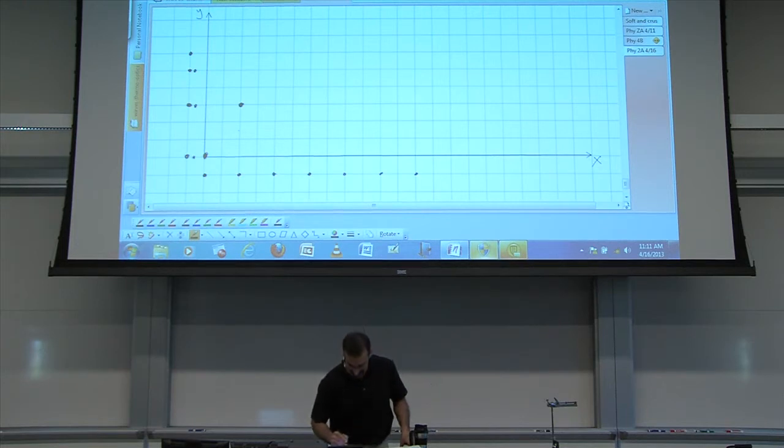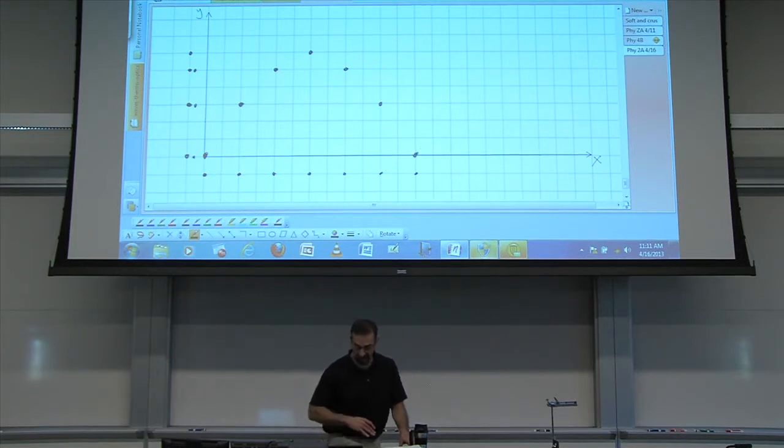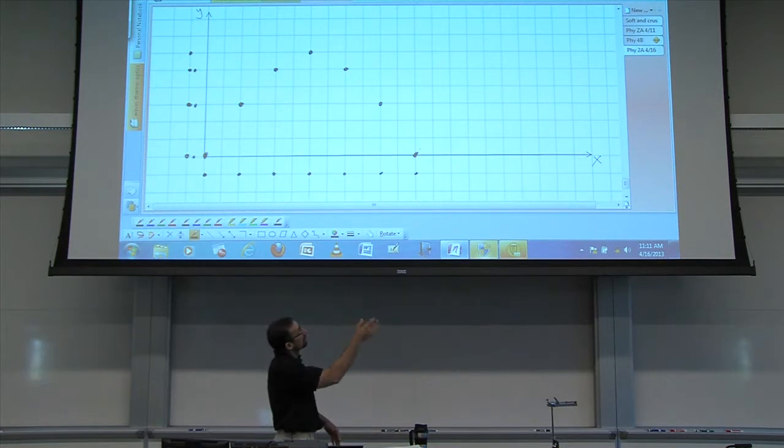And 1 second after that, it might be here. And 1 second after that, it might be up here. 1 second later, it's going to be over here. 1 second later over here. And 1 second later over here. So it's going to follow this parabolic path.